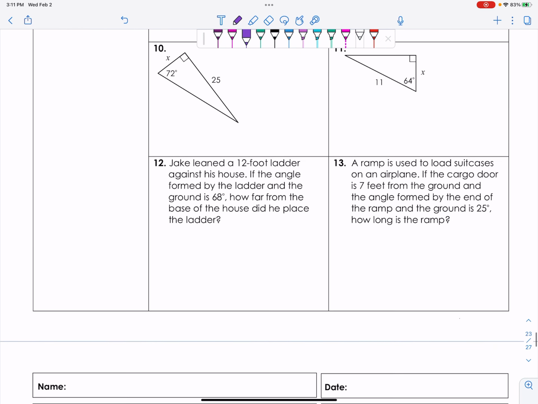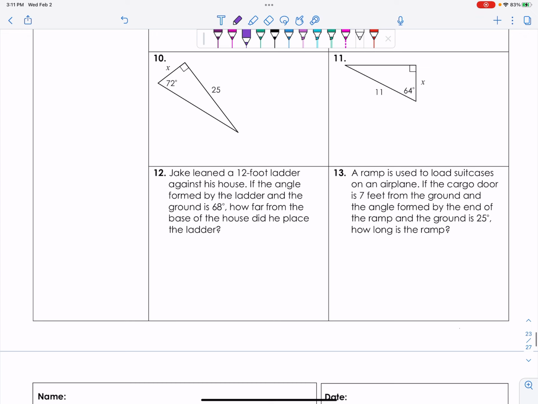Let's go ahead and take a look at the word problem. So number 12, Jake leaned a 12-foot ladder against his house. If the angle formed by the ladder and the ground is 68 degrees, how far from the base of the house did he place the ladder? Let's draw our picture. So we have our house, and we have a ladder leaning up against the house, creating this right angle.